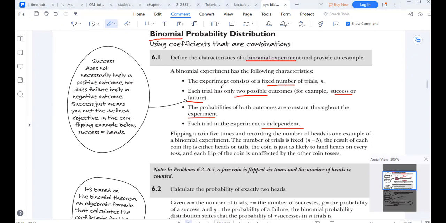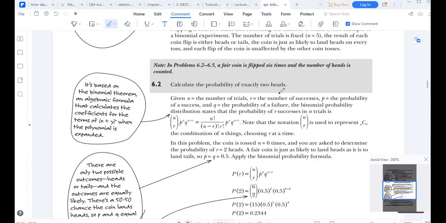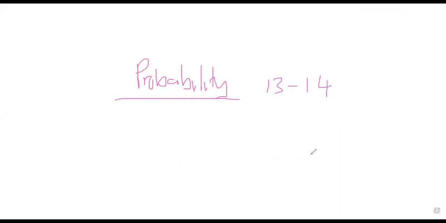Okay, so we want to now look at the probability using a binomial distribution. But before we go any further, you need to at least understand how we use a combination. Combination is found on a calculator, but let's look at the formula first of all.